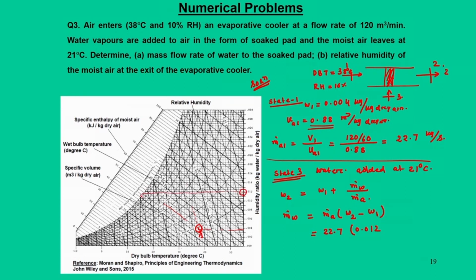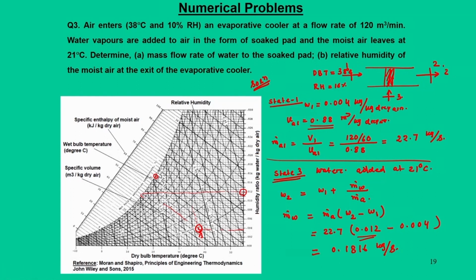So, 10, 20, 21 degree centigrade. From this we can say omega 2 is 0.012 minus omega 1, which is 0.004. So, this m dot w we can find out as 0.1816 kg per second.